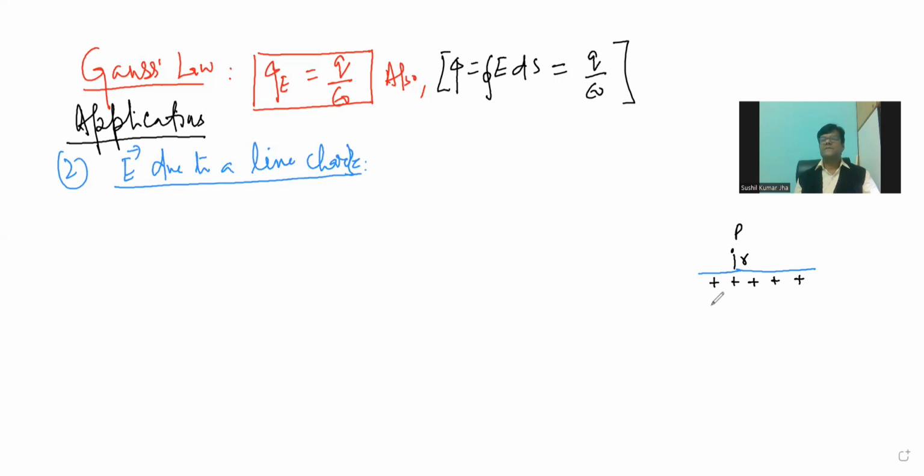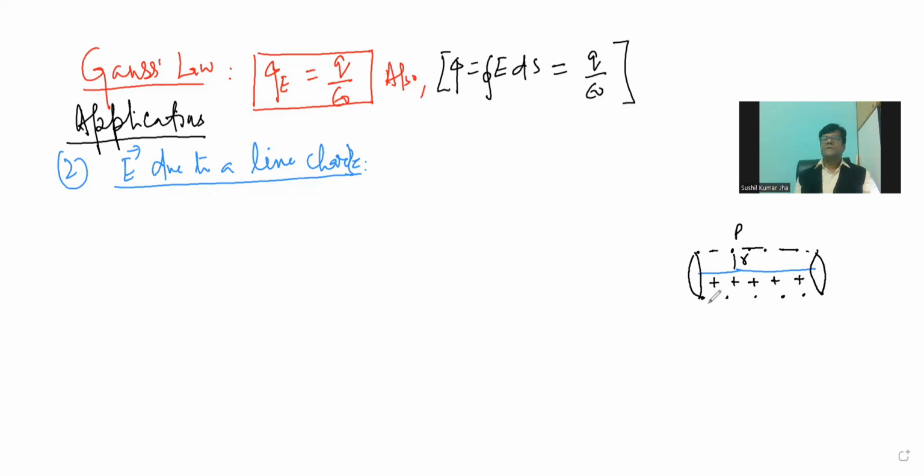We want the electric field. It doesn't mean that only at this point the field would be effective. There can be so many symmetrical points around or above this line charge. But what about the lower portion of this line charge? Here also the electric field would be effective. So let's join this imaginary surface, and when we join it, this surface becomes a Gaussian surface.